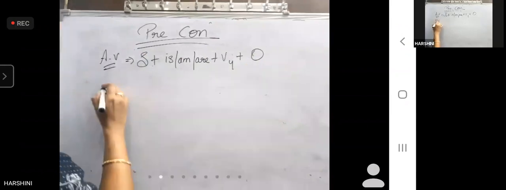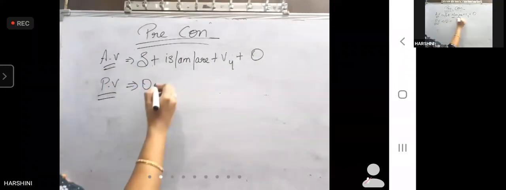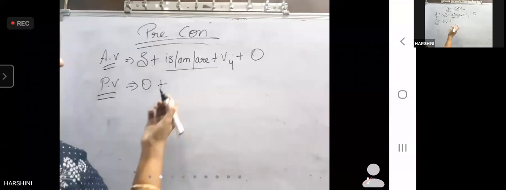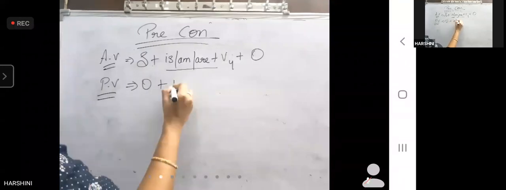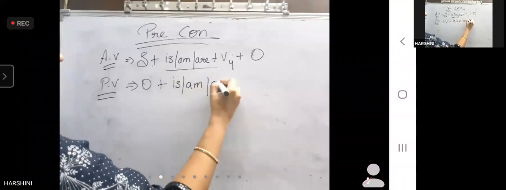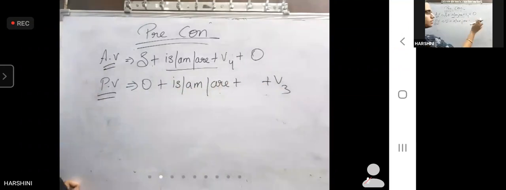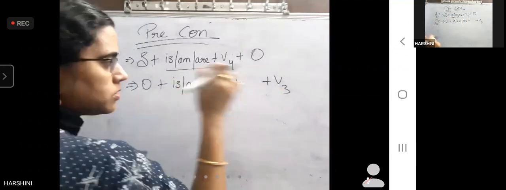We are writing active voice. Now let us look at passive voice. Very carefully look at the board. As object comes first, we write object. Then, because it is present tense, you can write only is, am, are. V4 is changed to V3: writing is changed to written.